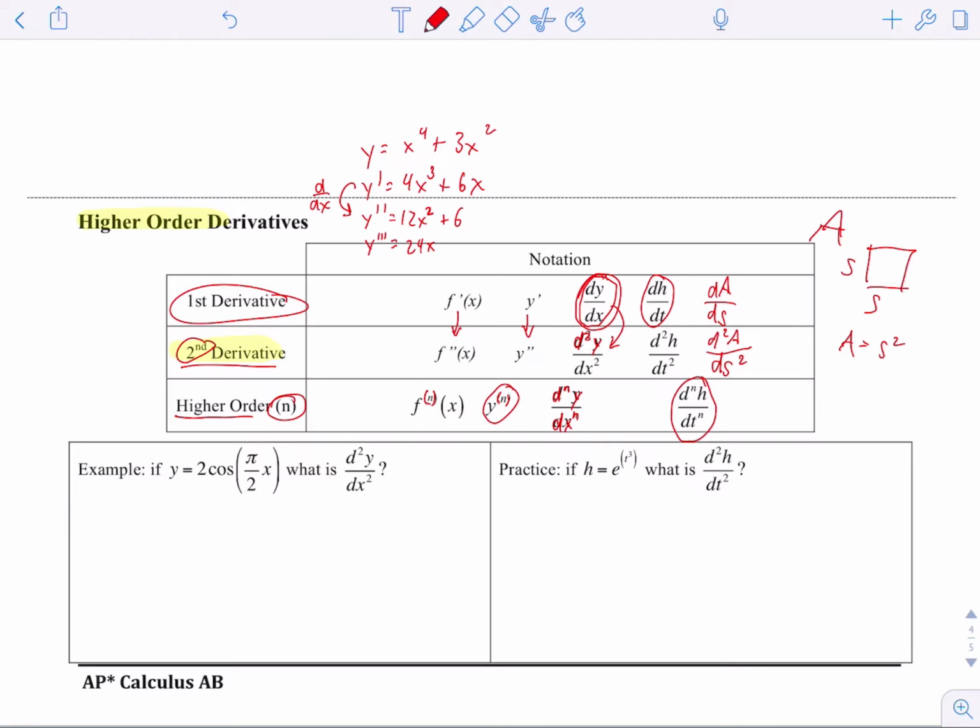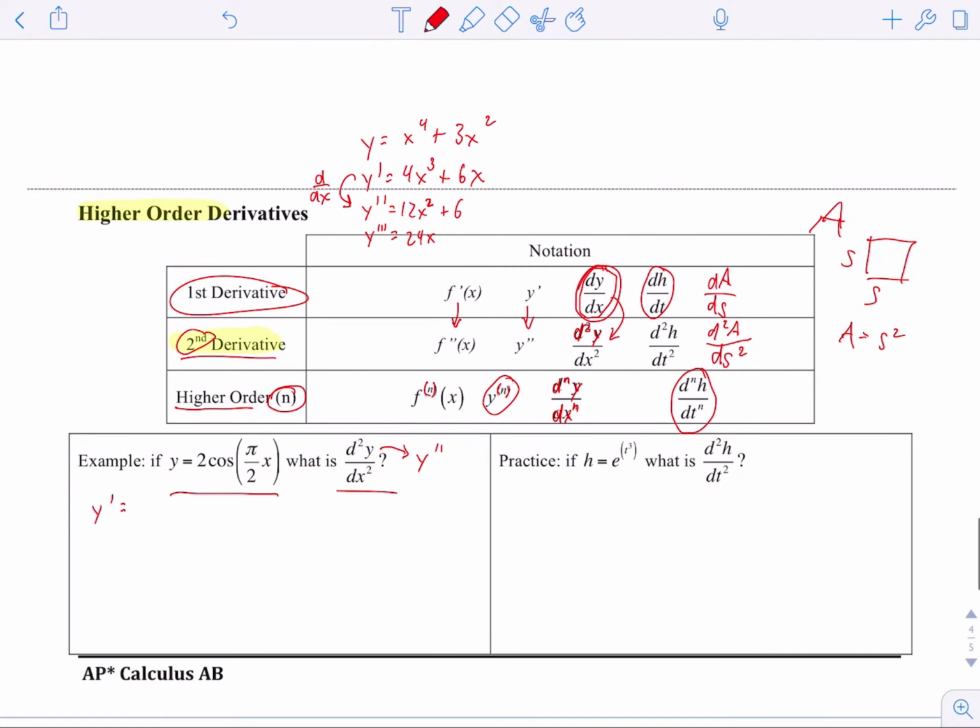Alright, so let's do an example. Here is y equals 2 cosine pi over 2x, and it's asking for that thing. What is that thing? It's basically another way of saying I want the second derivative. So let's find our first derivative. We know that it's going to be 2, the constant, times the derivative of cosine.